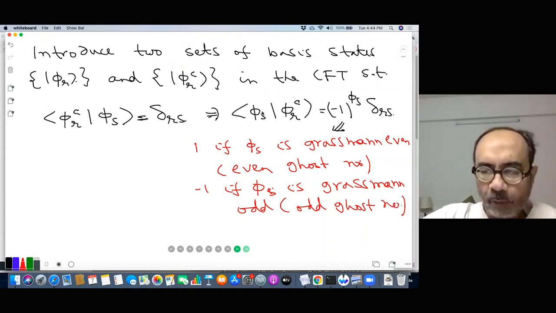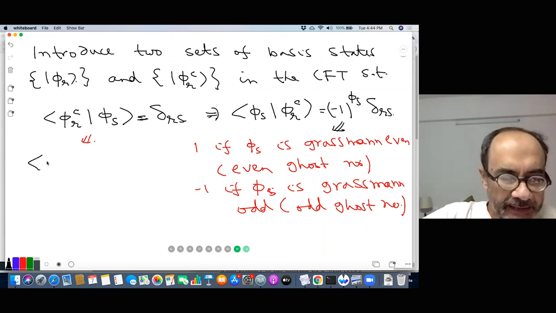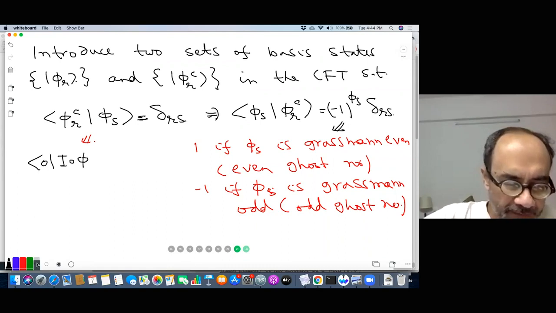Okay. And the way to prove this is simple, because you see, this is a correlation function.